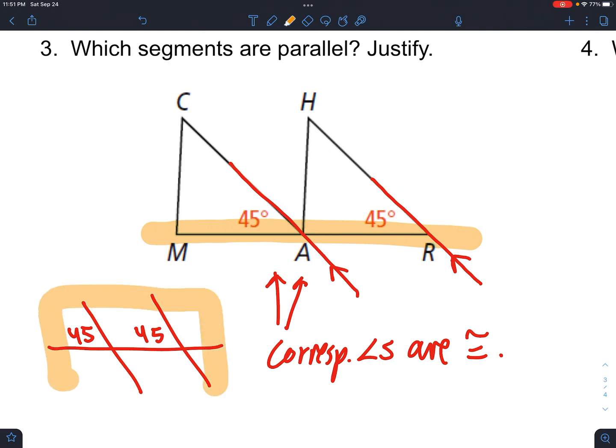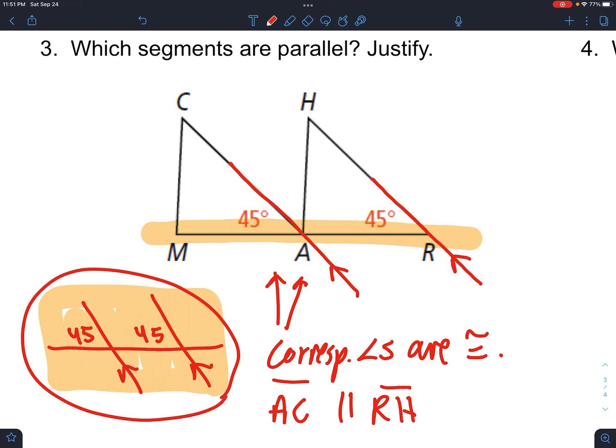That fact and this picture definitely show me that AC is parallel to RH. So these are parallel.